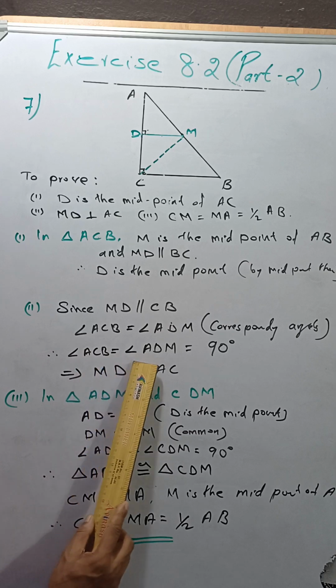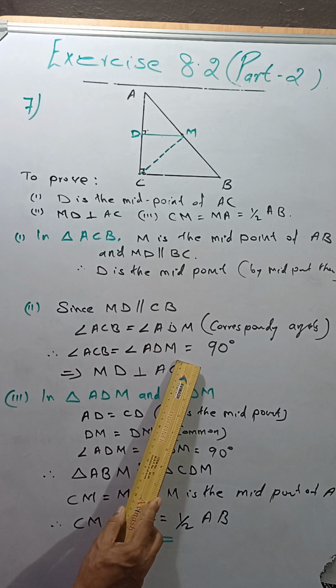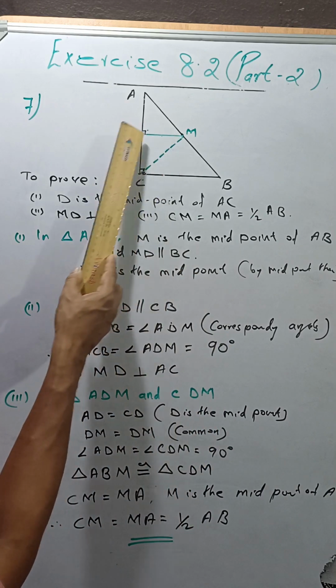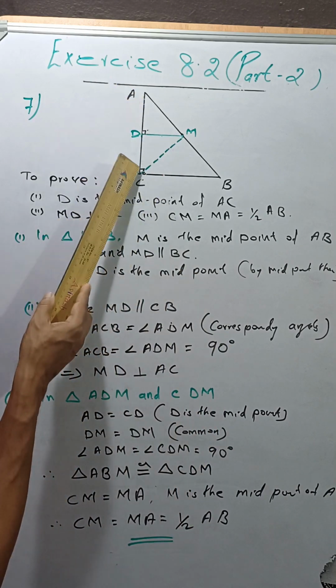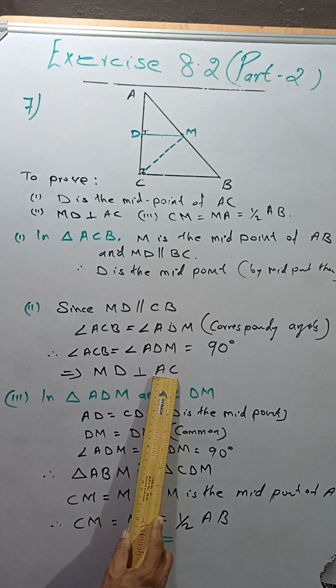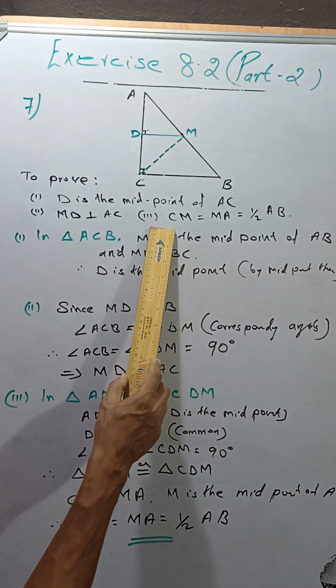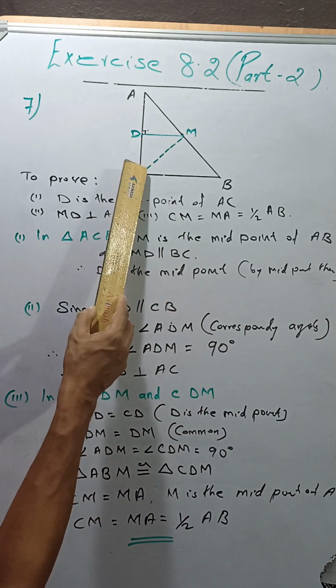Angle ACB is equal to angle ADM, which is equal to 90 degrees, which means MD is perpendicular to AC. Second part also completed.